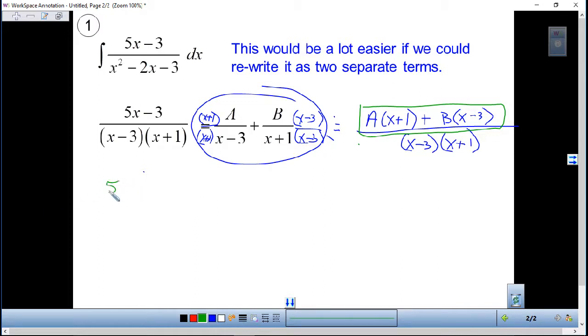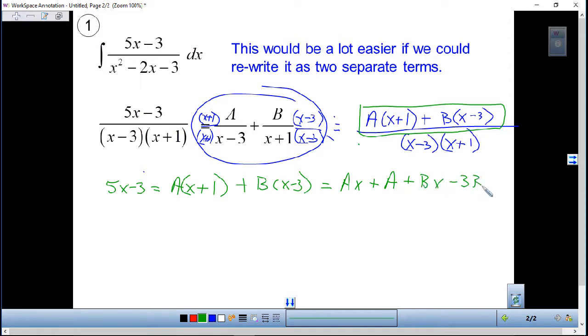So we've got 5x minus 3 equals a times x plus 1 plus b times x minus 3. And when you distribute your a and your b, you're going to get ax plus a plus bx minus 3b.